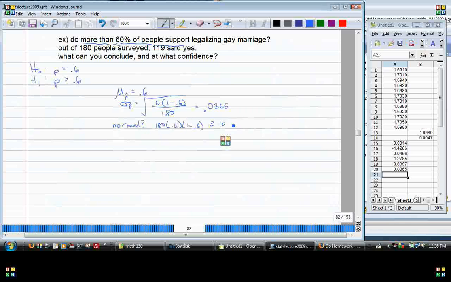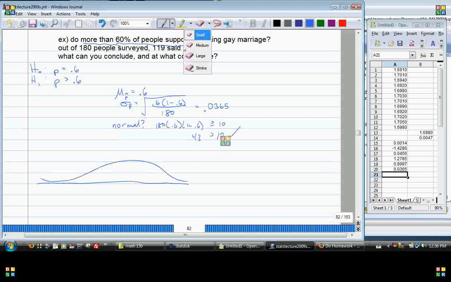And you get something 43 something or other, which is bigger than 10, so you're good. Okay, so now what? Draw your picture. So we drew the picture, and now what?